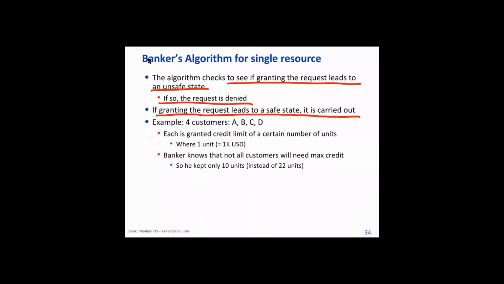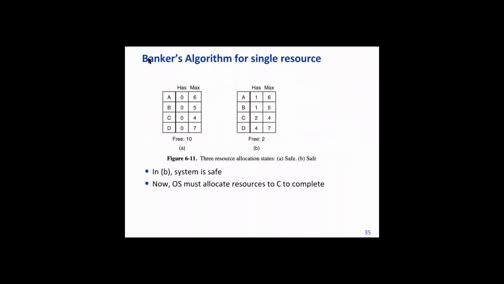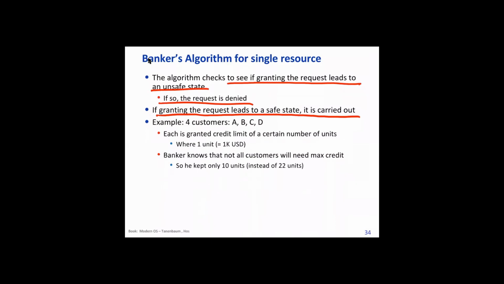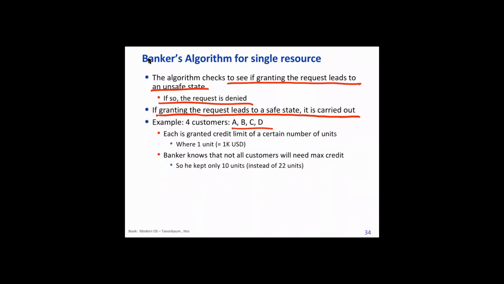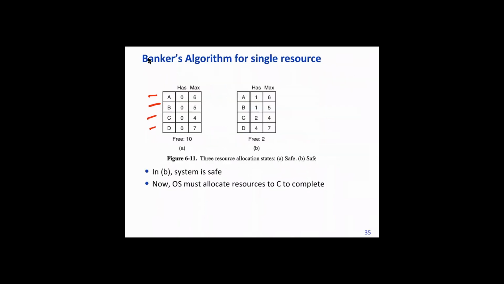All right. The example is very simple. There are a number of customers, and the banker wants to give only to a few. Let's take the example here. There are 4 customers A, B, C, D, shown here, and their overall needs are as follows.